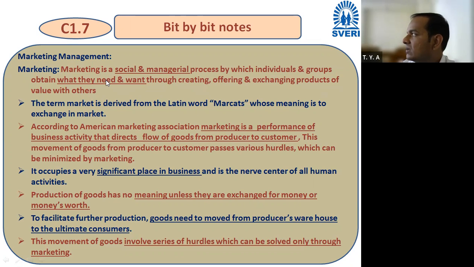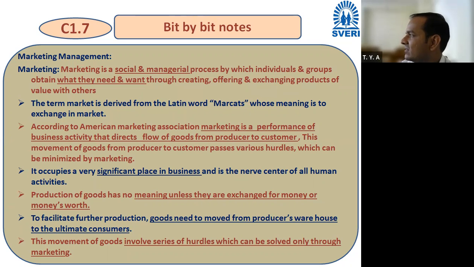In society, it is essential, right? Wants means, beyond their requirement, beyond their need, they want to enjoy something. In society, pictures and movies are not required, right? It is not a need, but people want it.